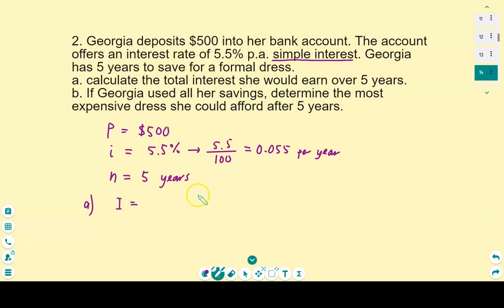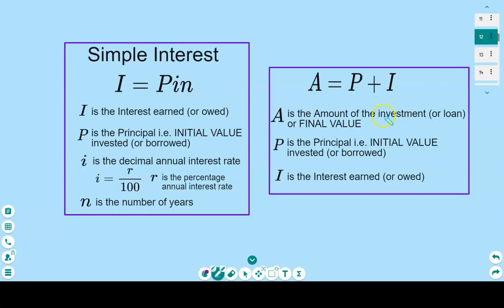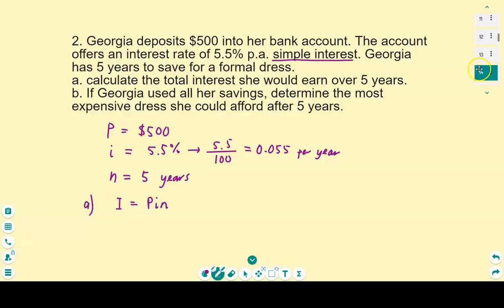So we've got our I equals PRN formula from back here. Simple interest. We've got P, we've got R, we've got N. Let's just substitute them. 500 times the interest rate as a decimal times our number of years. Put it in your calculator.